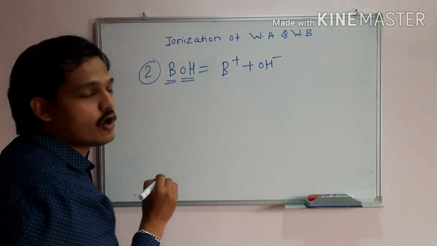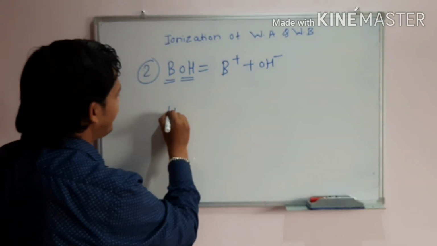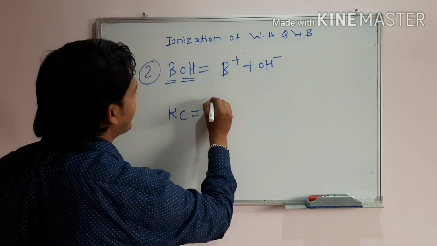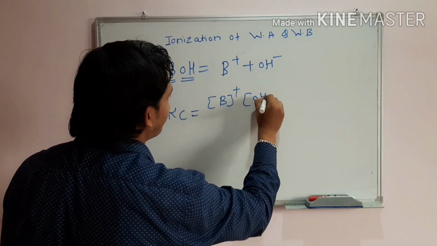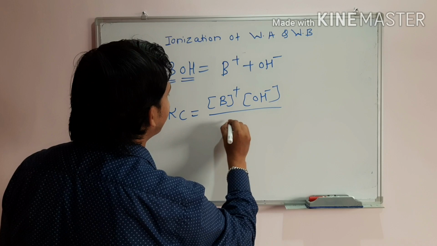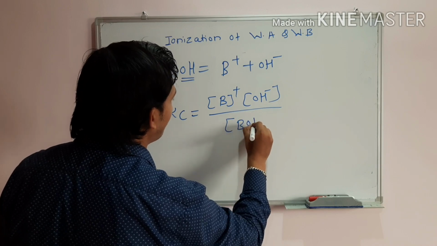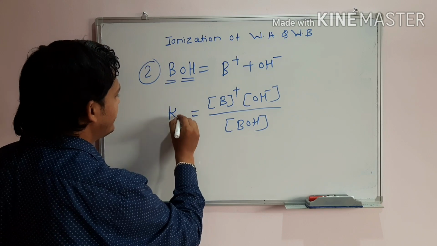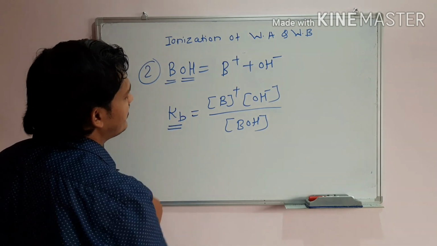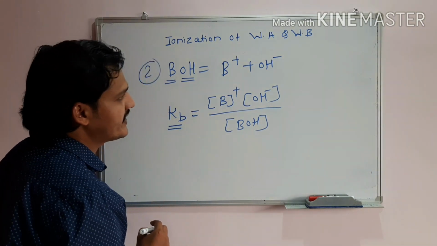By applying law of mass action, Kc is equal to product upon reactant. Product means B plus in bracket, OH minus, divided by BOH. But in case of base, we have to write here Kb.